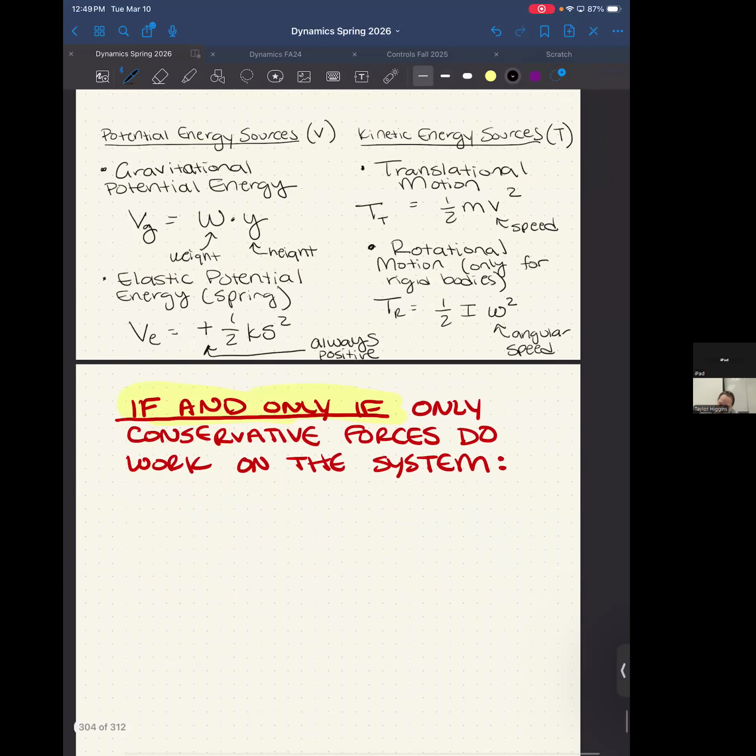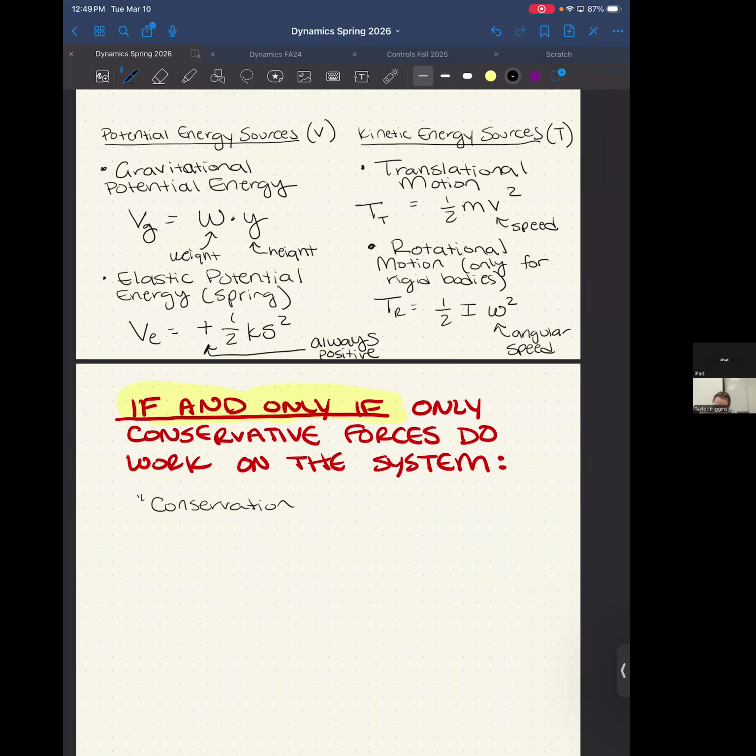Okay. We get this equation called the conservation of mechanical energy. For a single particle, it looks like this. Kinetic energy at time 1 plus potential energy at time 1 equals kinetic energy at position 2, or sorry, I really should say position 2, plus potential energy at position 2.